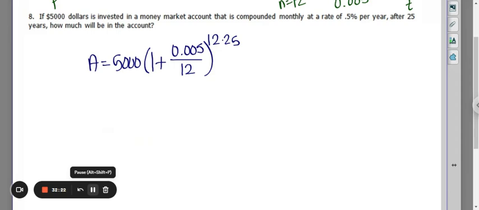Your calculators, if you are careful with the work, can handle all of this, but you just have to be very careful with your parentheses. Or take it in pieces.